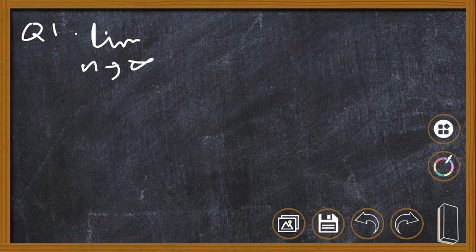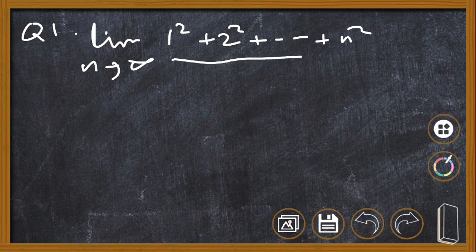Our first question of today is the limit as n tends to infinity of (1 square plus 2 square plus up to n square) whole divided by n cube, right? Whenever the limit tends to infinity, first you simplify this.